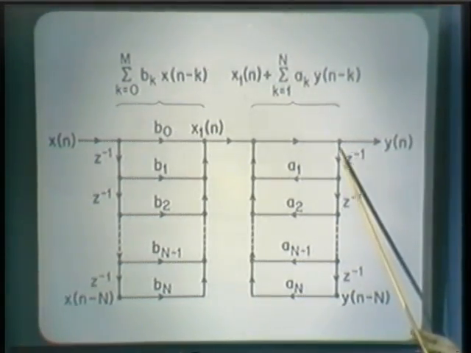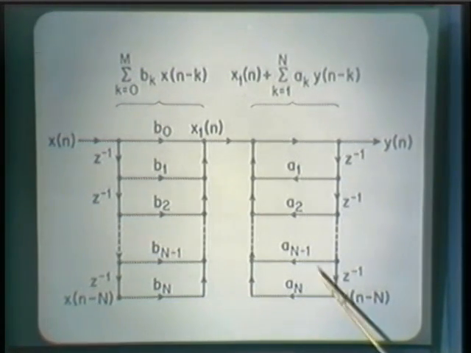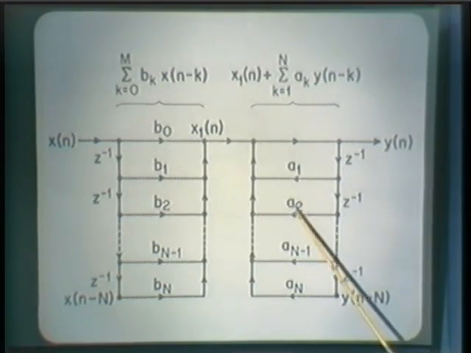So here is y of n minus 1, down through y of n minus capital N. We see the coefficients a1, a2 through a sub capital N.